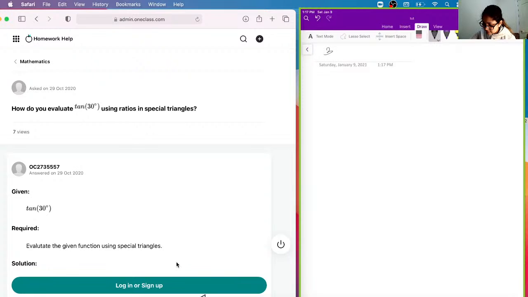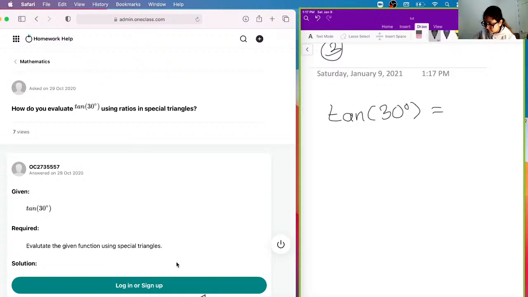The next question says, how do you evaluate tan 30 using ratios and special triangles? Okay, so what we want to do is find the ratio of tan 30 degrees.